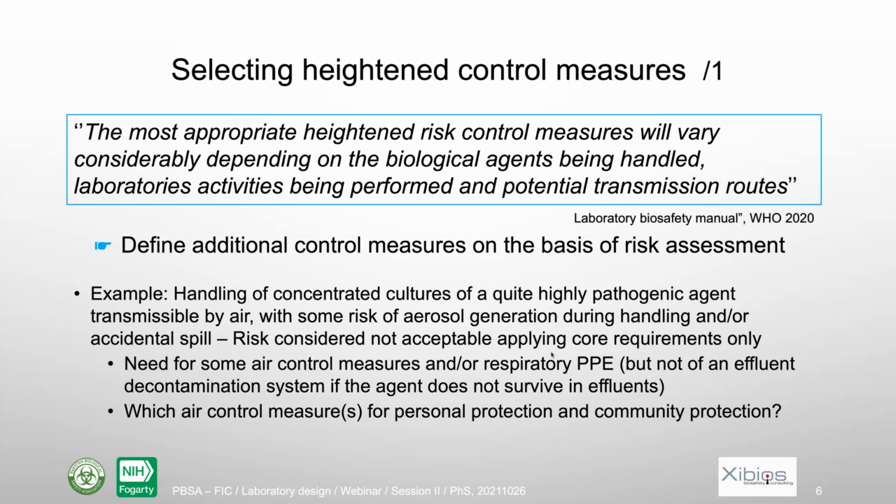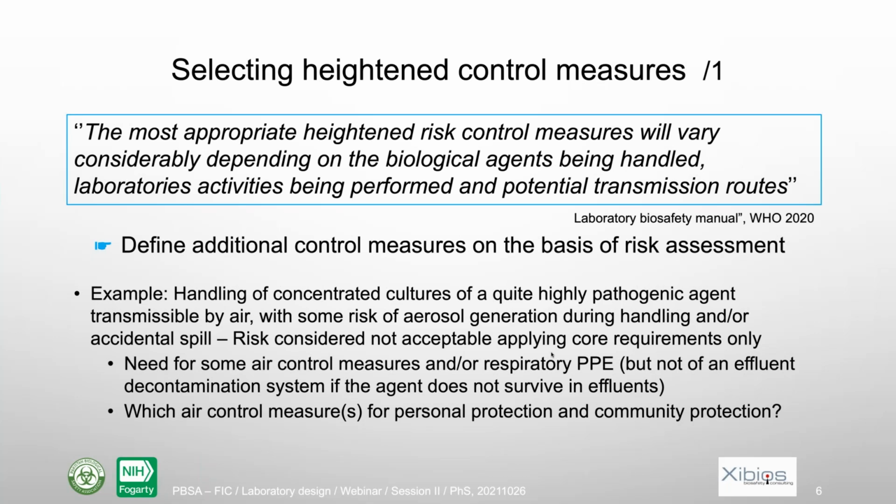And during the risk assessment, we consider that the risk is not acceptable if we only apply the core requirements. And so then we need to think about some additional measures. And since it's transmitted by air and the weakness is probably at that level, we think about air control measures that would reduce that risk, or possibly respiratory personal protective equipment, such as masks, for instance.